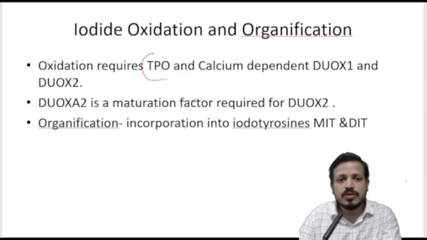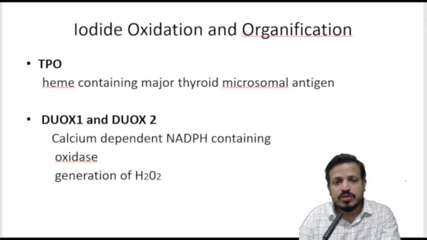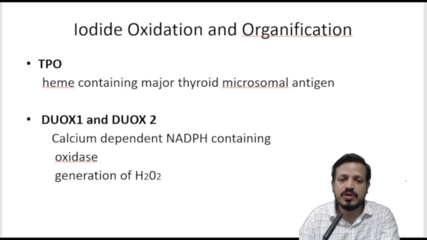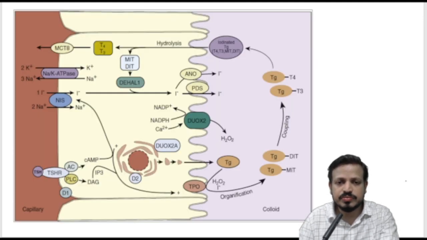Then coming to iodide oxidation and organification. The oxidation requires two enzymes. One is TPO, that is thyroid peroxidase, and the other is calcium dependent DUOX1 and DUOX2. This TPO is the heme containing major thyroid microsomal antigen, and DUOX1 and DUOX2 are the calcium dependent NADPH oxidases, and DUOX2 mostly helps in generating hydrogen peroxide, H2O2, which is the major factor for the oxidation of iodide.